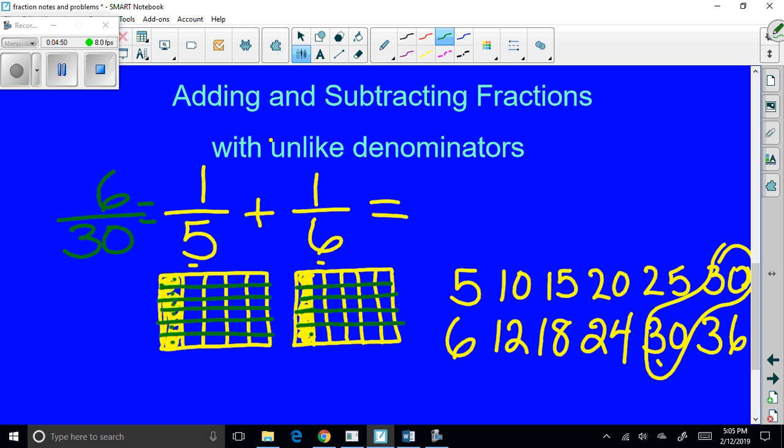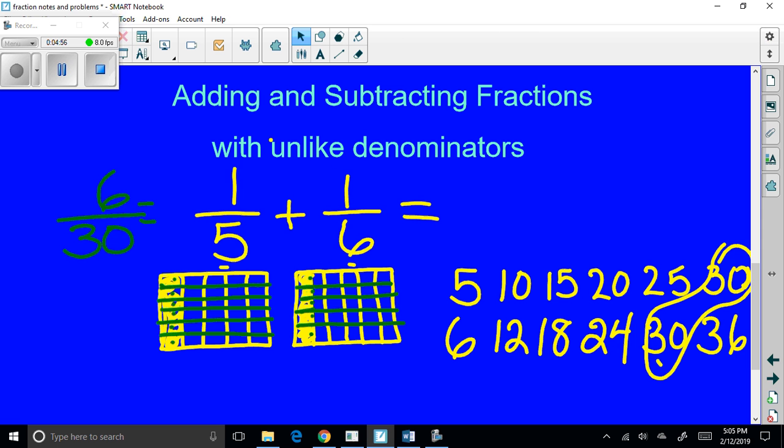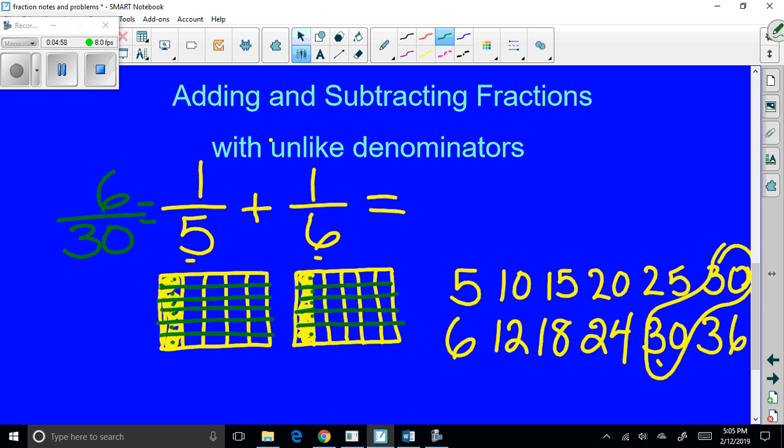And as you can see, I have 1, 2, 3, 4, 5 shaded. So I know that 1/6 is the same as 5/30. Both of these pictures are the same. They both have 30 pieces to them, and they have 6 and 5 shaded.